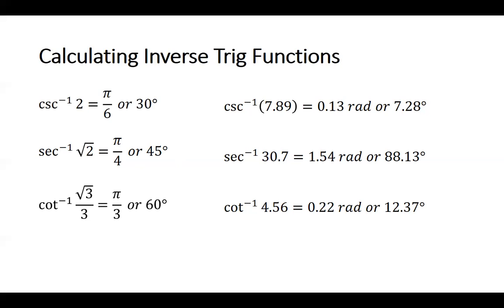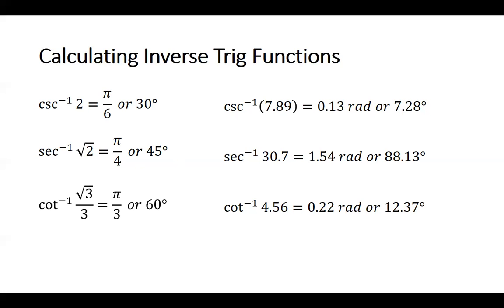Again, I want to remind you that each of these values that we got for these could occur in two quadrants. Cosecant is the reciprocal of sine, so it follows sine in being positive in the first and second quadrants. Secant is the reciprocal of cosine, so it's positive in the first and fourth quadrants. And cotangent is the reciprocal of tangent, so it's positive in the first and third quadrants.